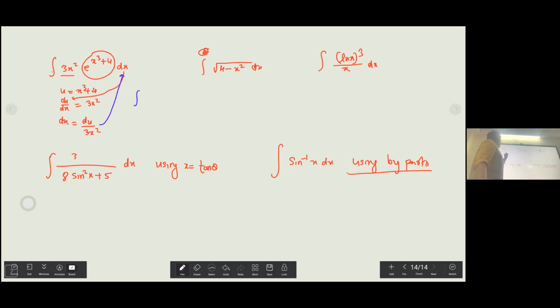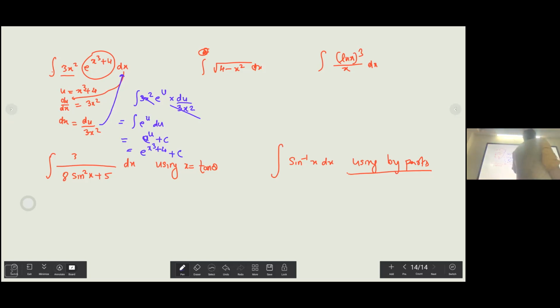So this becomes 3x squared e raised to u du over 3x squared. 3x square cancel, and as a result, you get integration of e to the power u du. You integrate that, you get e to the power u itself, plus c, so you get e to the power of x cube plus 4 plus c. Same I'm also getting when I'm substituting.